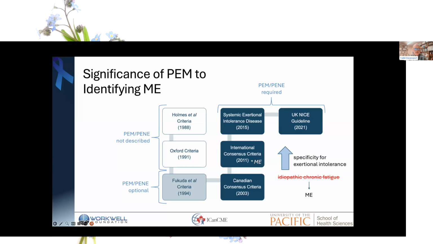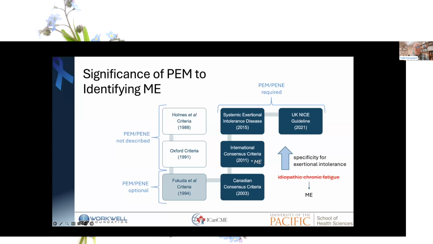The National Academy of Medicine, formerly the Institute of Medicine, came up with a whole new label called systemic exertion intolerance disease. And then, of course, we have the UK NICE guidelines, but all of these more recent contemporary case definition criteria in the blue boxes require PEM or PENE in order to identify the experience that is ME.